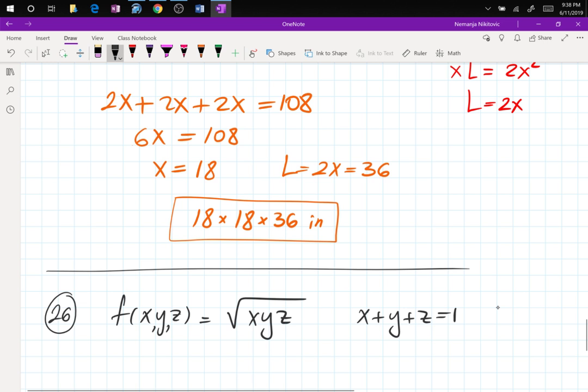Because these equations are so symmetric that it doesn't matter which way you rearrange these, you will always have the same equation. So when you take derivatives, it stays the same. So this problem is guaranteed to be x equals y equals z. Guaranteed. So, do it.